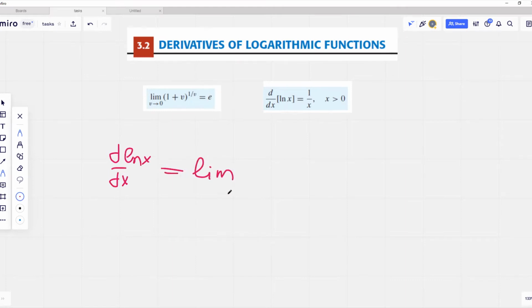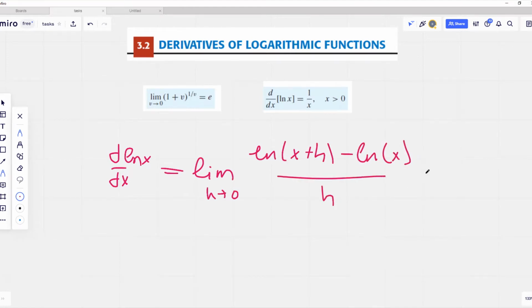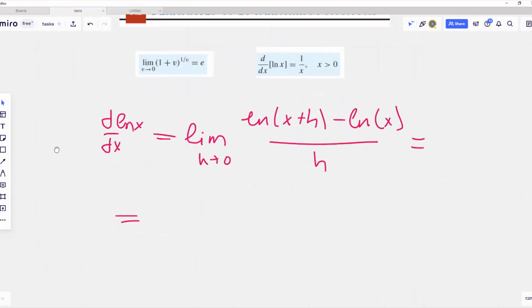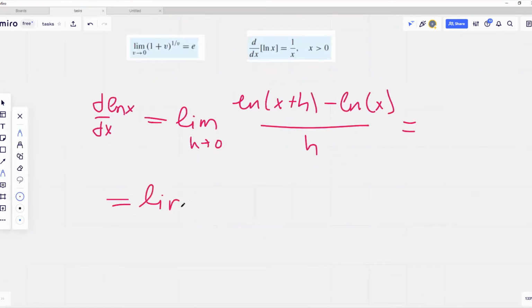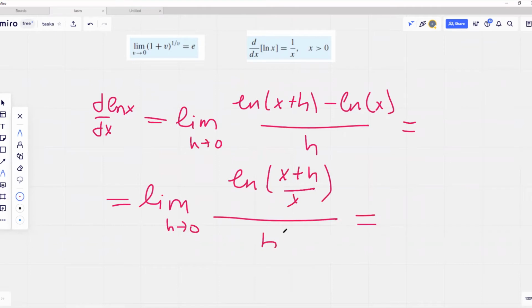So this is the limit as h is approaching 0 of ln of x plus h minus ln of x over h. Using properties of logarithmic functions, this can be expressed as ln of x plus h over x, divided by h.